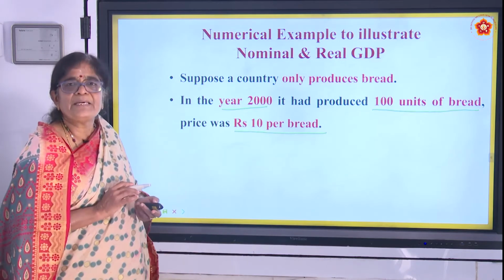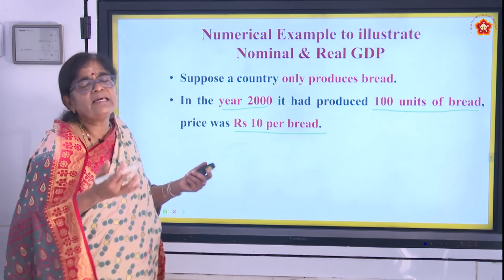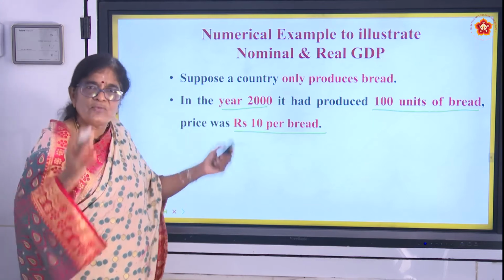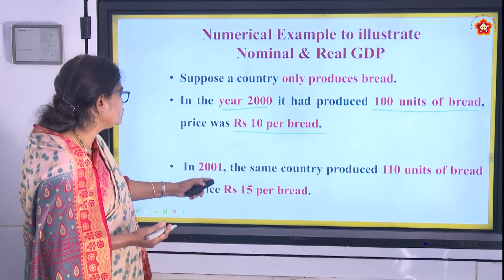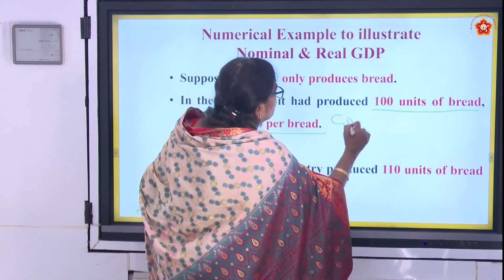Therefore, what is the GDP? Price into quantity. Whatever the quantity, each unit price you know, and the total volume of the product you know, then you can calculate GDP. In 2001 also they are explaining. Here you can see GDP 2000. How do you calculate GDP 2000?